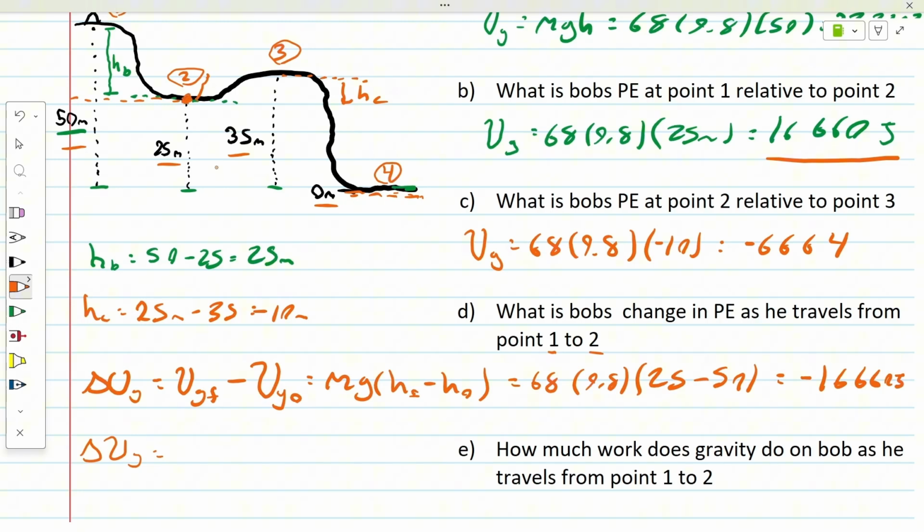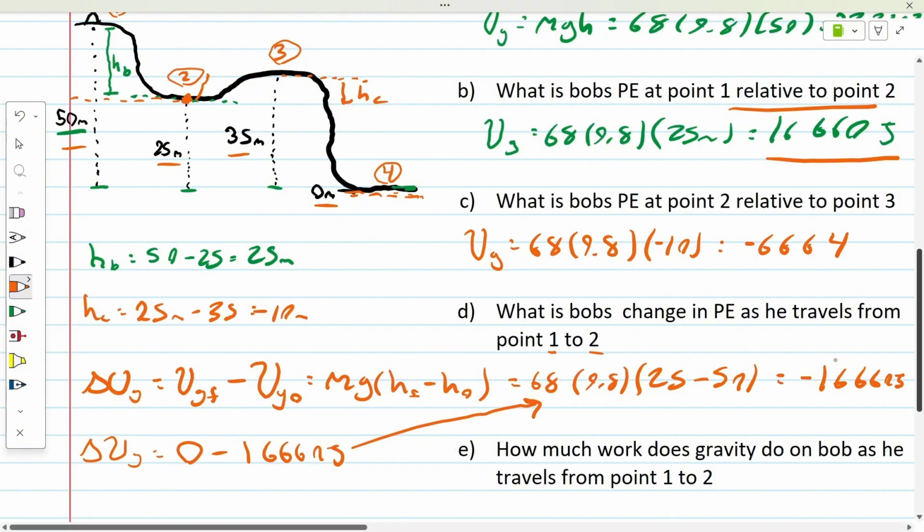So if the reference is at one of the points, we can automatically set that to 0, and we subtract the initial, which is the initial from the reference point. Since we already did 1 relative to 2, we're just going to subtract that 16660 joules, and notice we get the same answer as we got when we chose the initial point as the ground. So changing the reference point will only change each individual potential energy, but the change in energy is going to be the same.